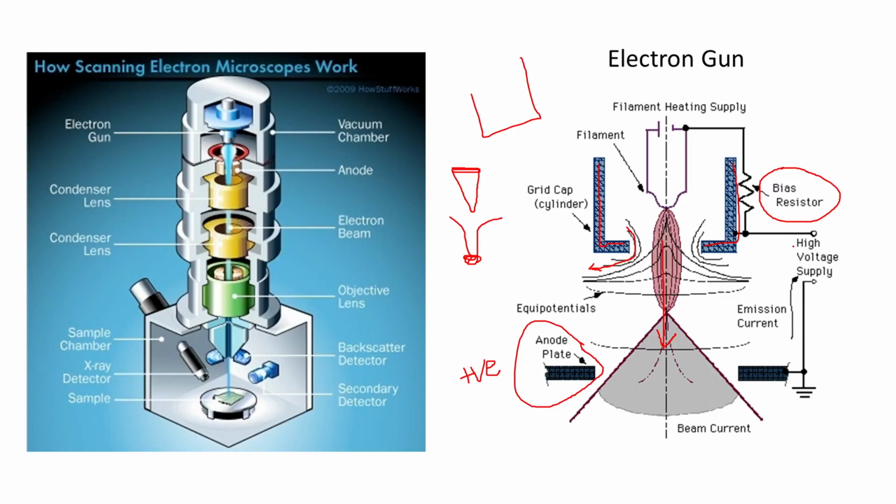So then the beam will pass through the anode plate. The current which these electrons carry with themselves is now known as the beam current. So basically there are three kinds of current. I'll clear the screen.